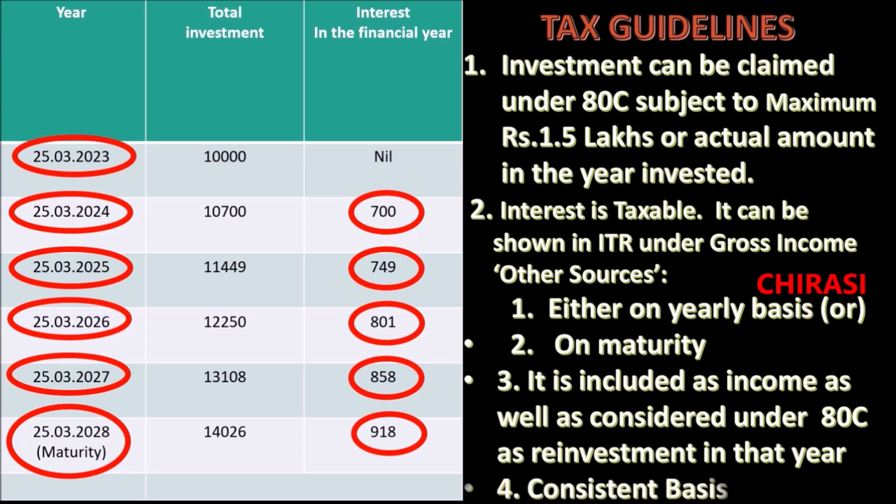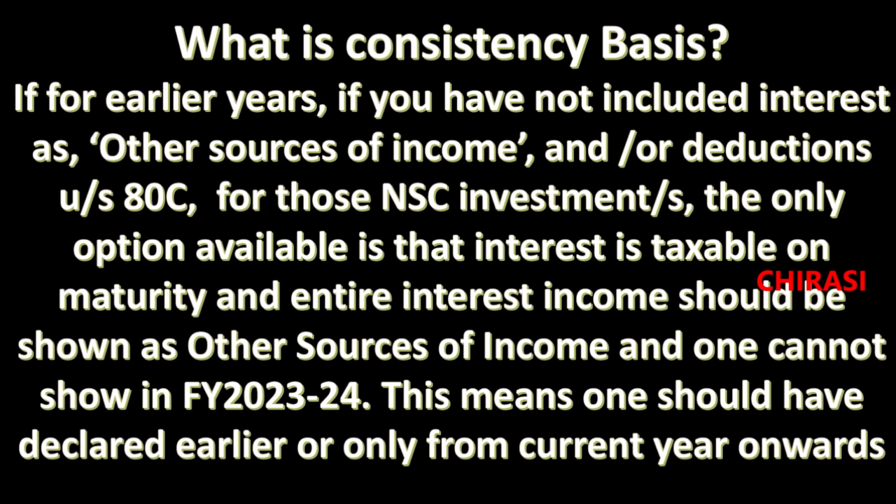And the last principle is the consistency basis. Now, what is consistency basis? If for earlier years you have not included interest as other sources of income and deductions under 80C for those investments, the only option available is that interest is taxable on maturity and the entire income should be shown as other sources of income.